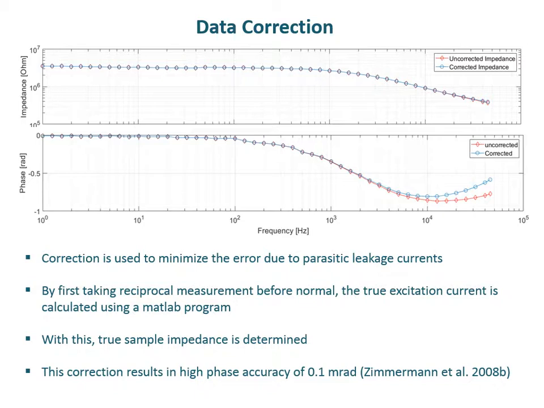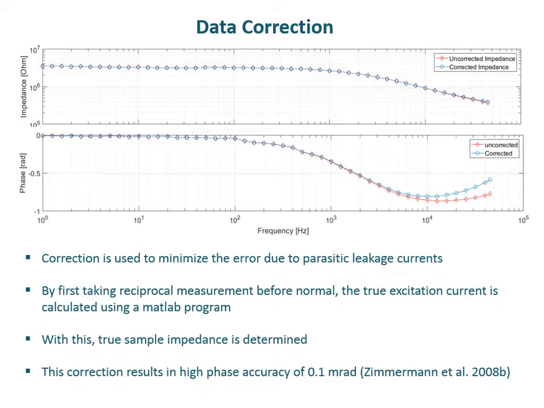Then after the measurement, there is need for data correction. The reason is to minimize errors that result from current leakage. What happens here is that because of the parasitic leakage of the currents, the current injected is not the same as the current that is measured. In order to correct this, we first take measurement in reverse electrode setting.